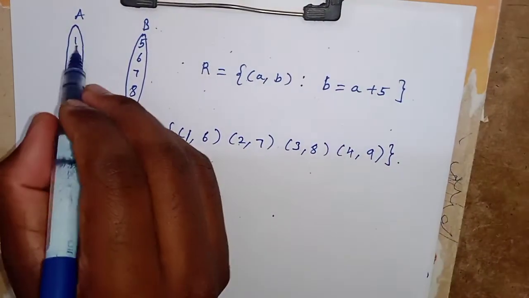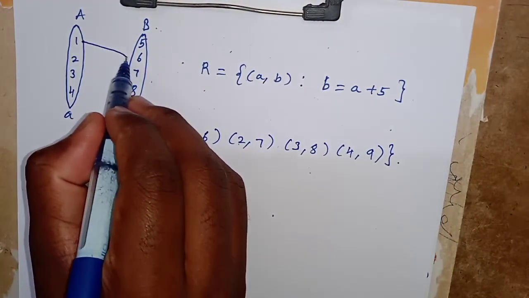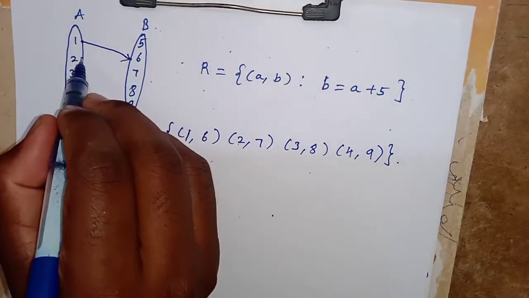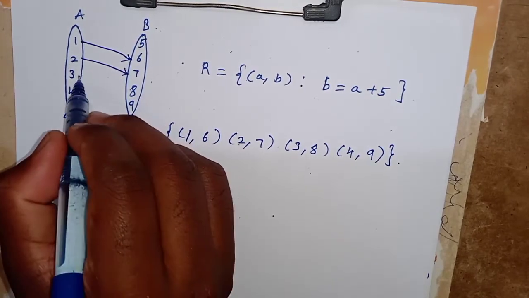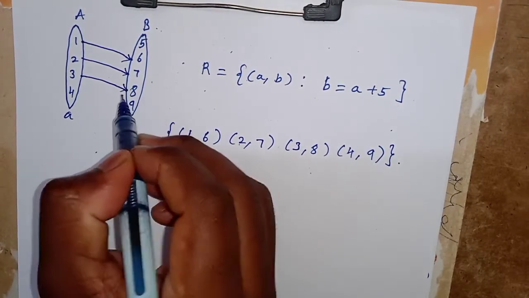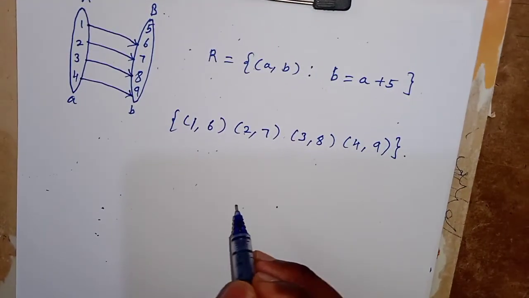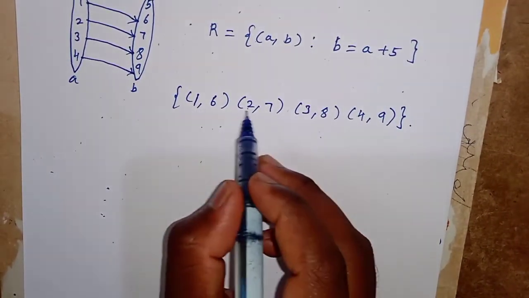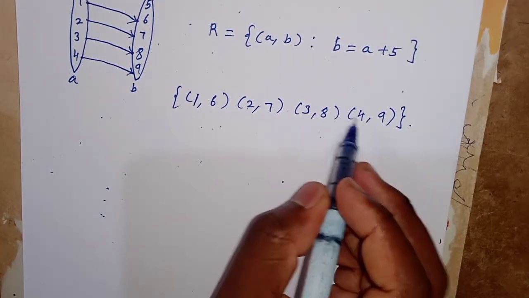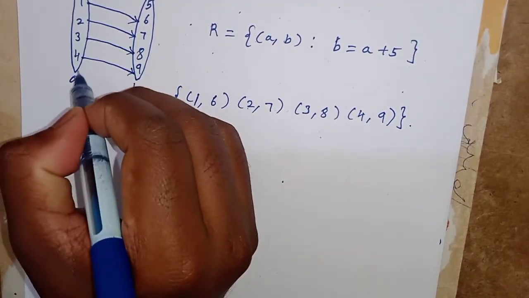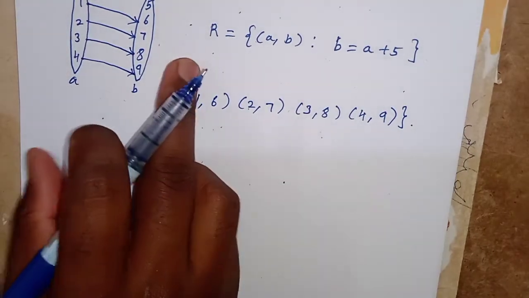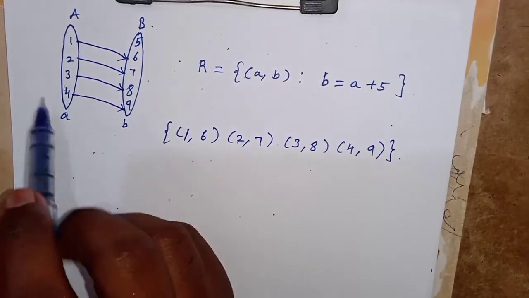See here, 1 is related to 6, 2 related to 7, 3 related to 8, 4 related to 9. Every element of A is related to B with only one.